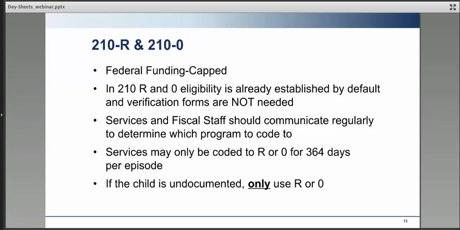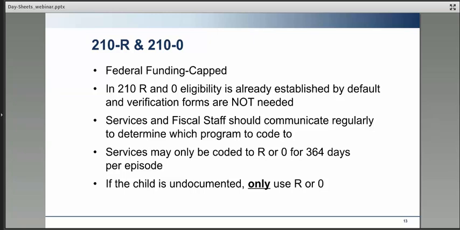It doesn't matter if 210 ends in 30 days, and then you move to 215, and then you move to 109. The moving to a new service area doesn't restart your clock. The only way that you restart your clock for that 364 days is if you have separated yourself and the family is separated from our services completely in child welfare.